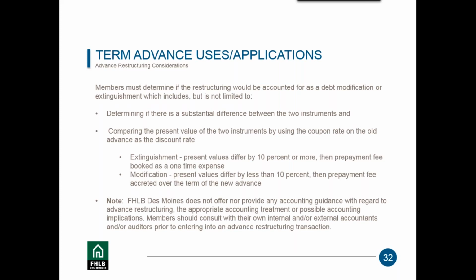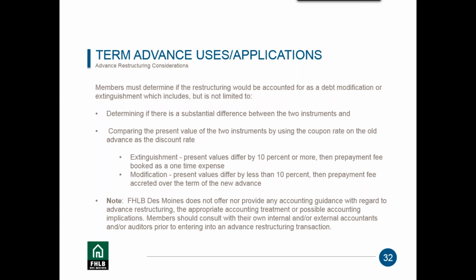There's no cash settlement of the prepayment fee since it would be blended into the rate of the new advance. This transaction would allow members to extend the maturity of their existing advances at a potentially lower rate on the new advances compared with the rate on the original advances, and again, without taking on additional cash or purchasing additional stock.